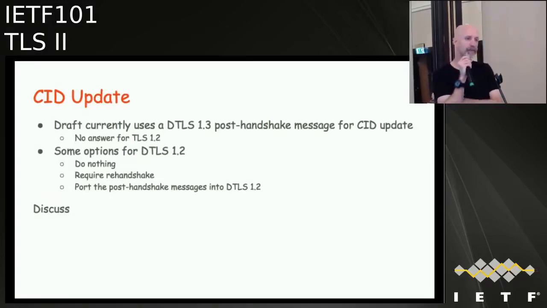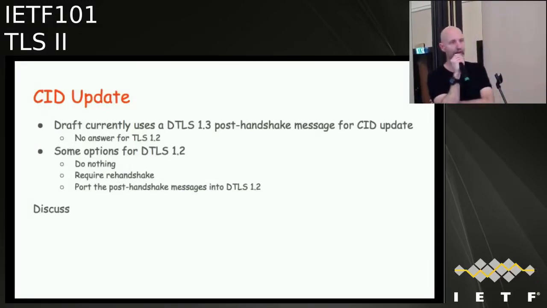One thing worth noting is that this is going to have a somewhat negative impact on privacy. If you re-handshake and then start using the new connection ID right away, basically that doesn't do anything. I hadn't thought that through until just now.